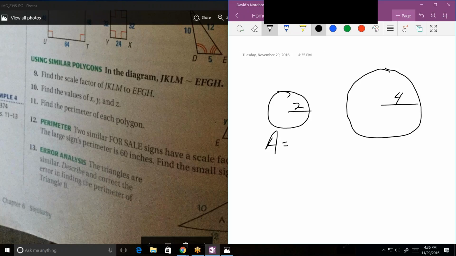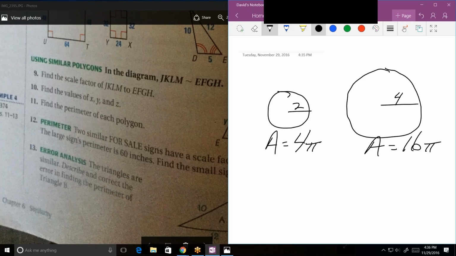Pi r squared, right? That's 4 pi. What's the area of the bigger one? Pi r squared, 16 pi. Notice that the area ratio is 4 to 1. The scale factor is 2 to 1. But the moment I go from a linear factor to an area factor, you square the scale factor.